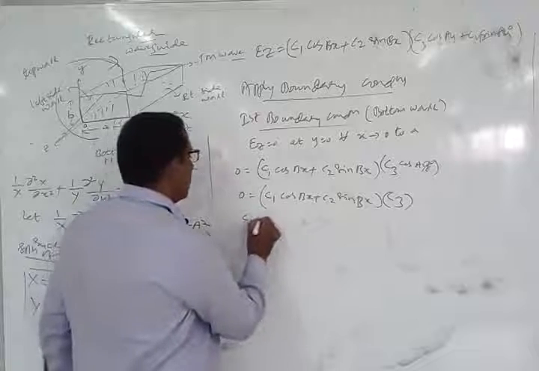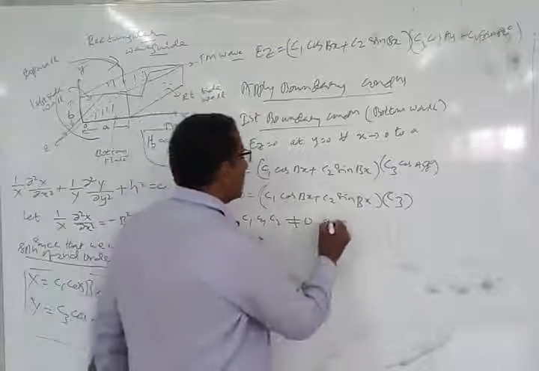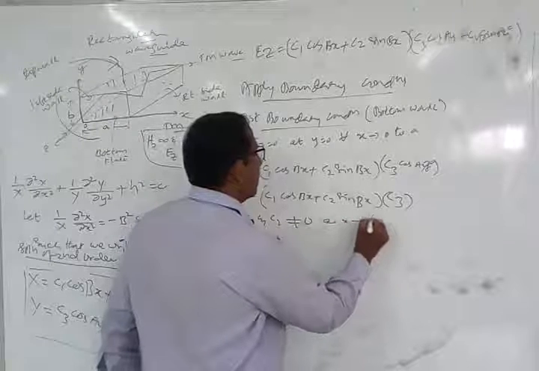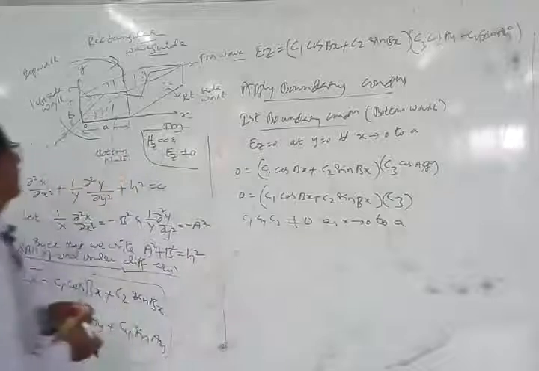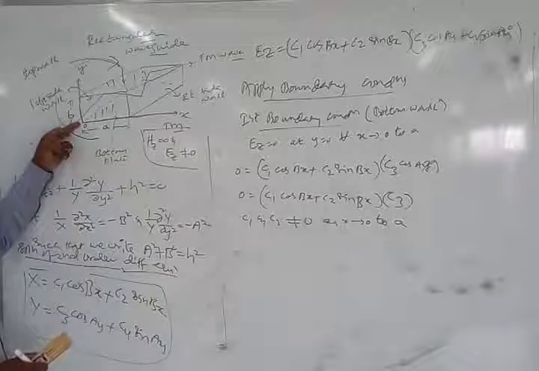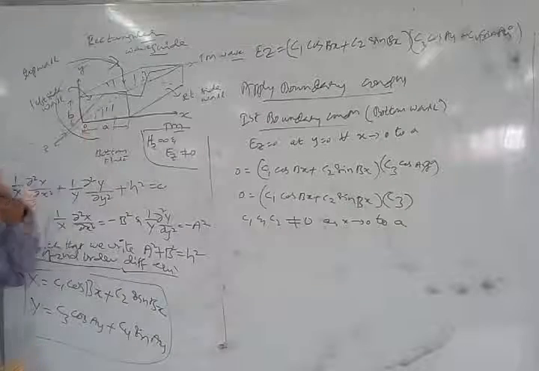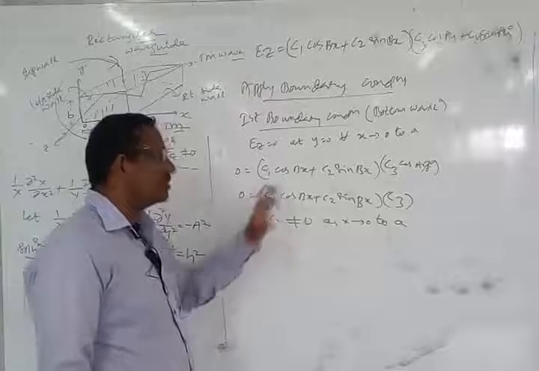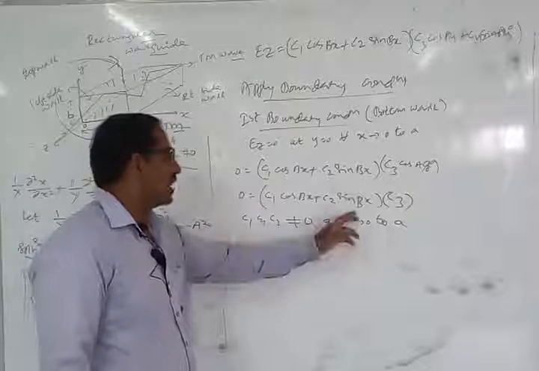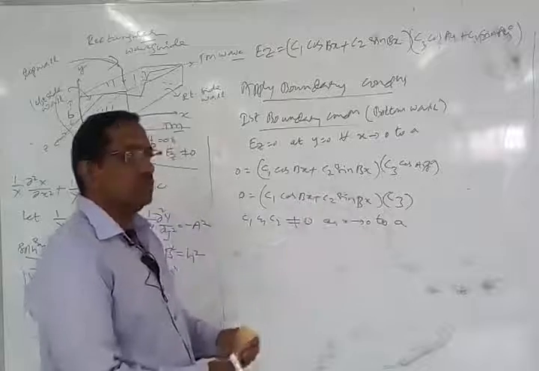Now C1 and C2 cannot be equal to 0 as x is varying between 0 to a. See this waveguide now, x is varying between 0 to a, right? Since x is varying between 0 to a, I cannot substitute C1 or C2 equal to 0 in this equation so that the equation becomes true. So C3 I will make equal to 0.